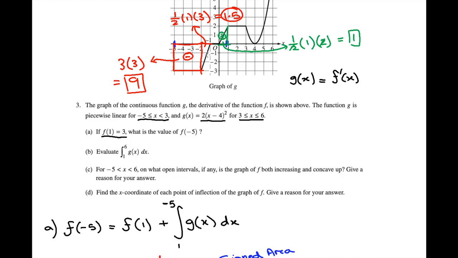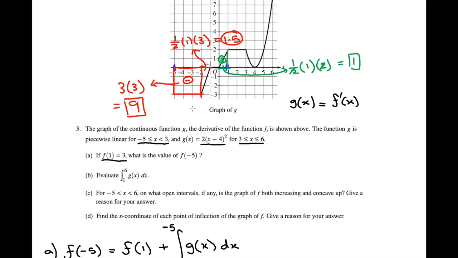We start at 1 and we end at 6. Notice that on this interval, my function actually switches what value it takes. So from -5 to 3, it's this piecewise linear thing, but from 3 to 6, it's this quadratic here. So we need to take that into account in our integral.